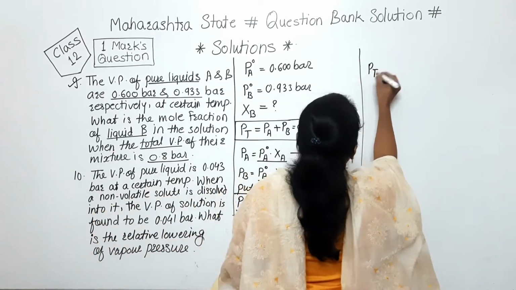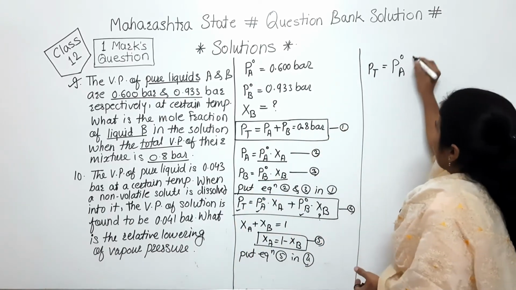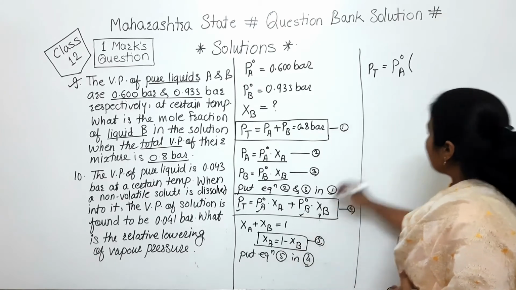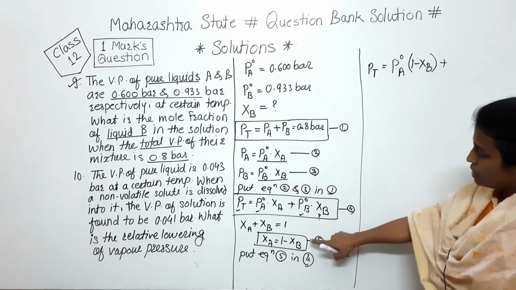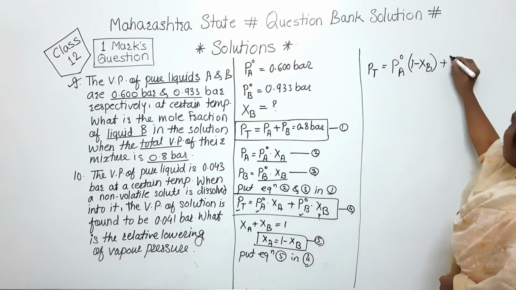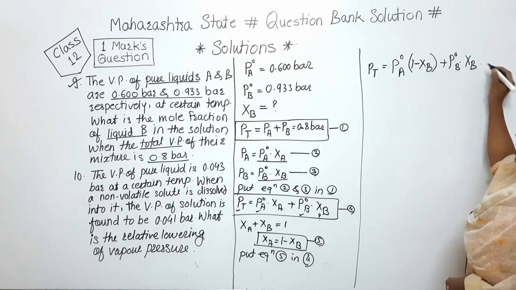So PT is equal to P naught A into, instead of XA we have to write 1 minus XB, plus P naught B XB, that will be as it is. Now what is the value?